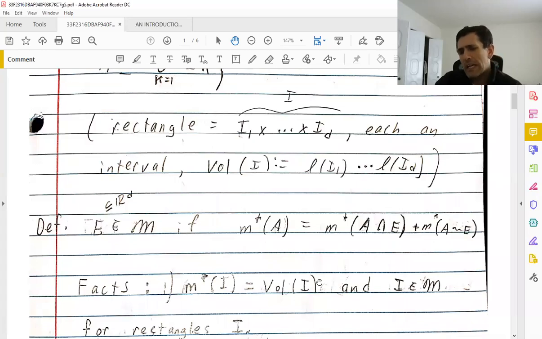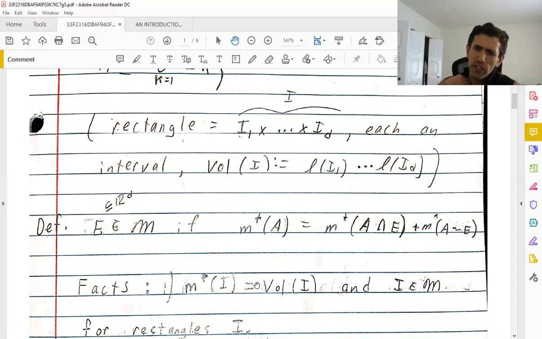So, facts. The first, kind of the starting point, is actually not that easy to prove. It wasn't easy to prove for us; to me, it's one of the trickier proofs we've ever done, that the Lebesgue outer measure of an interval equals the length of the interval.